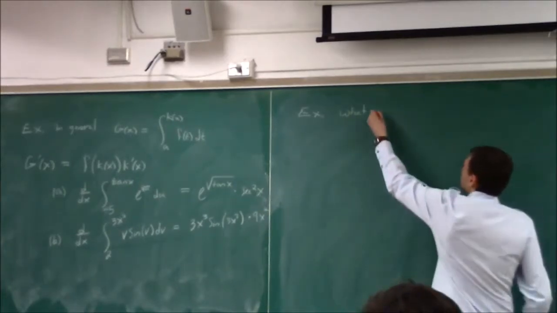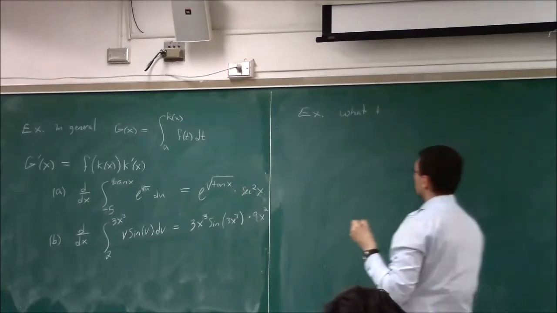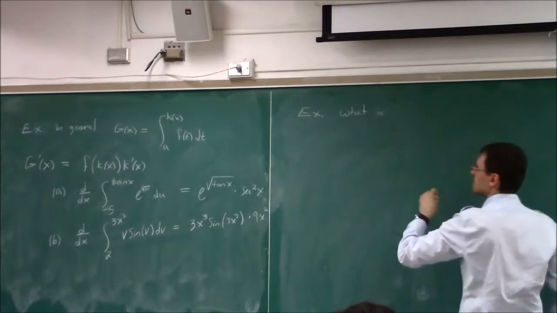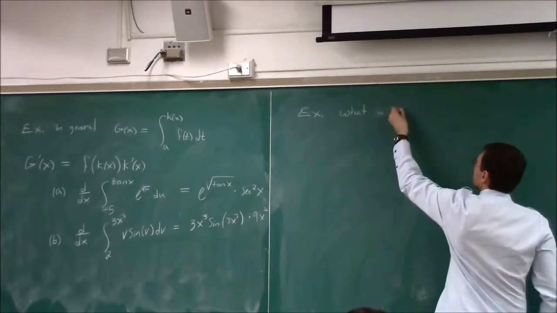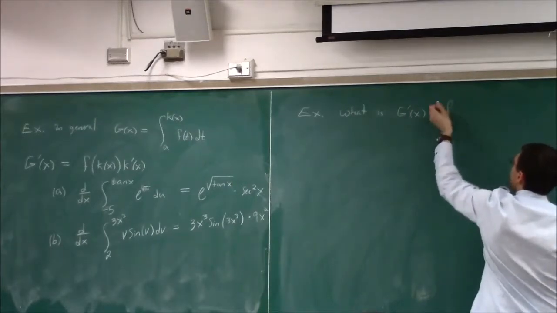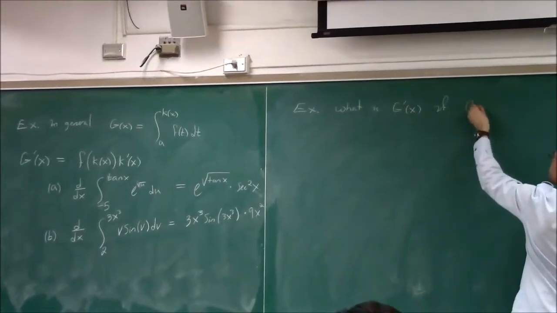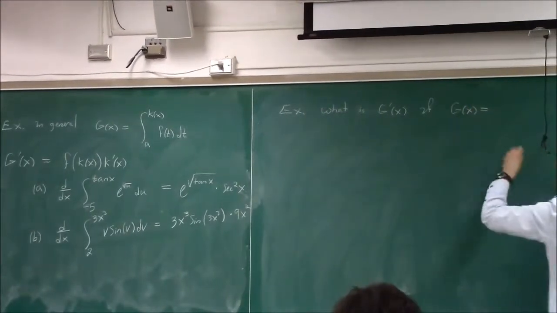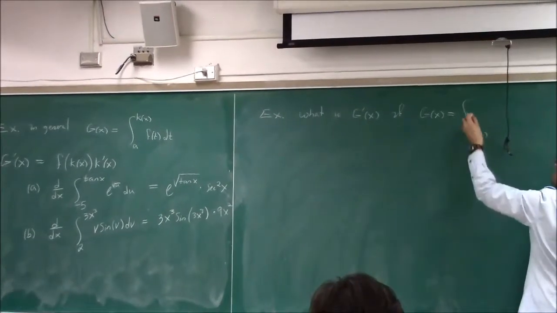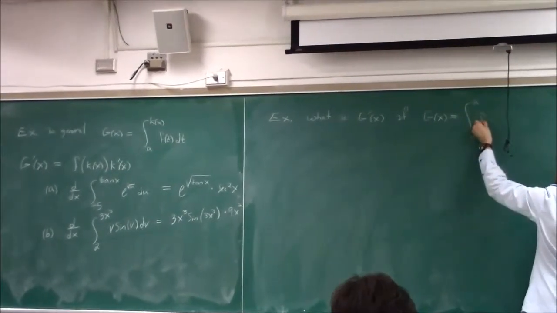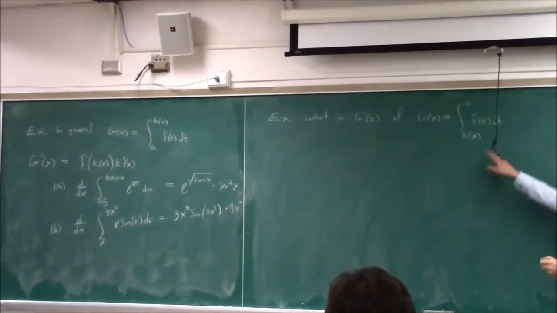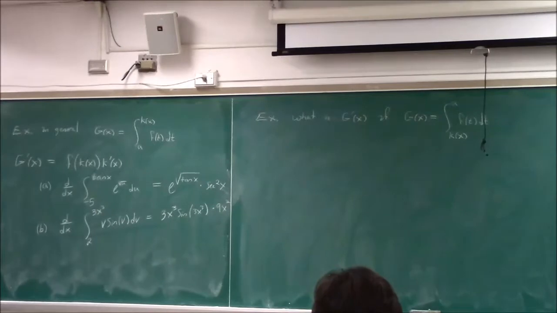So what is g prime of x if g of x is now equal to the integral with k of x on the bottom, a on the top, of f of t dt? So now k of x is on the bottom. What do you do?